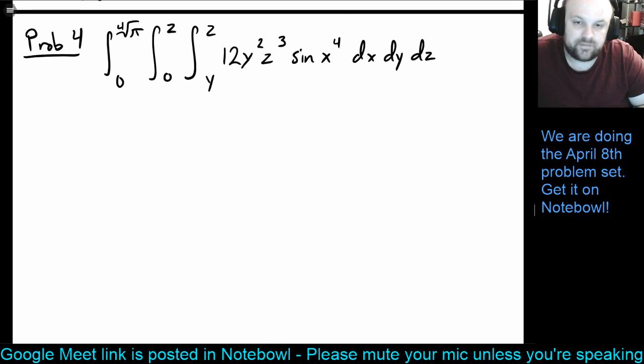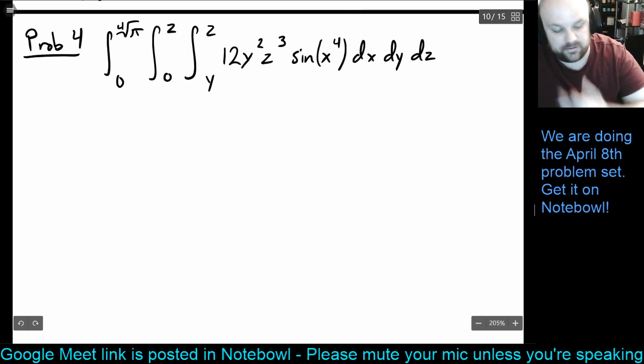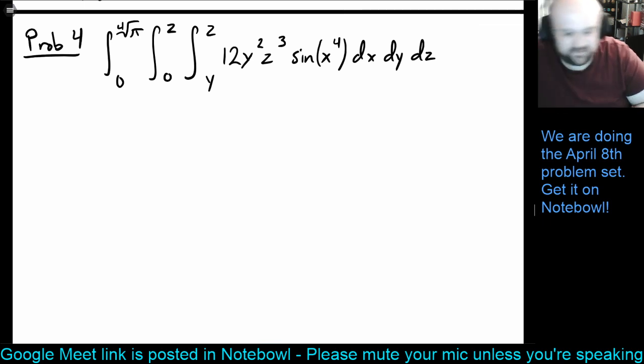All right. If we look at this and try to compute it, we see we need to somehow compute the integral of sine of x to the 4th.